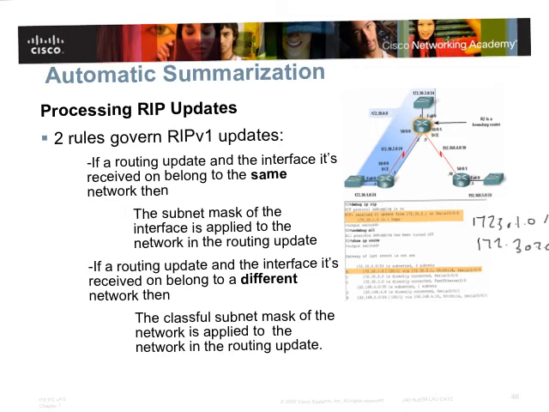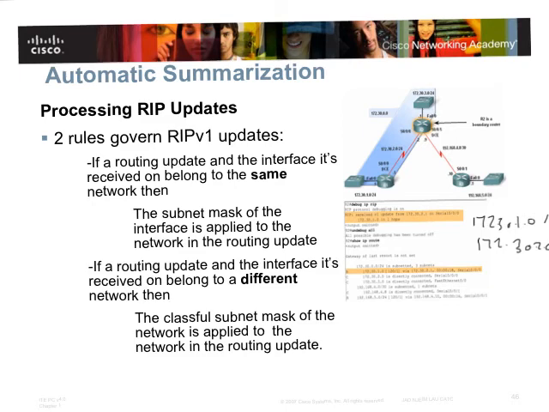Router 1 will then ask itself. Remember that when I send this route entry, I do not send the subnet mask. I send only 172.30.3.0. I don't send the subnet mask.